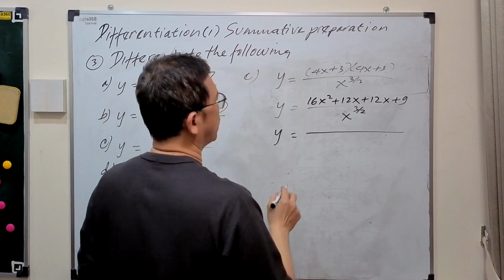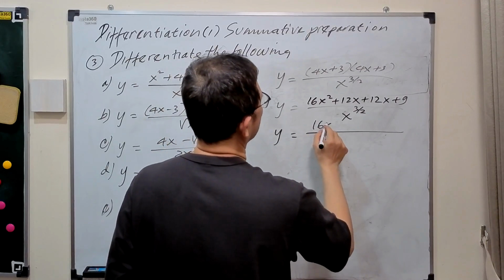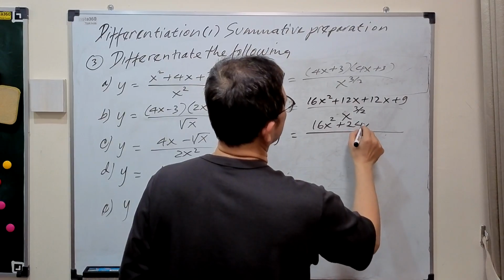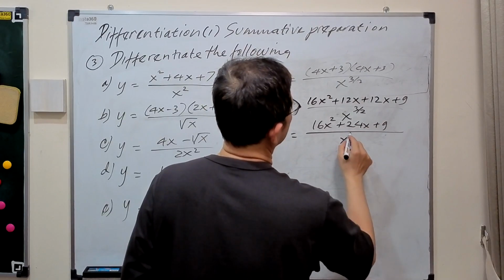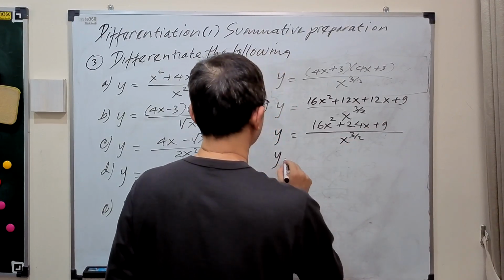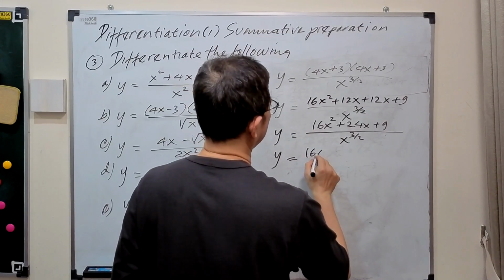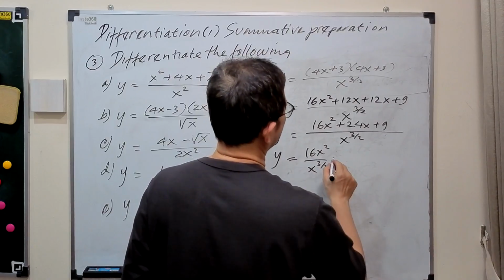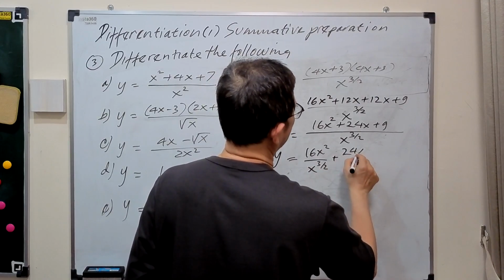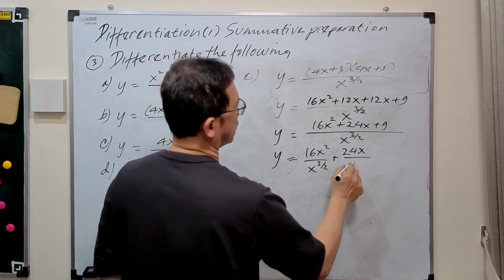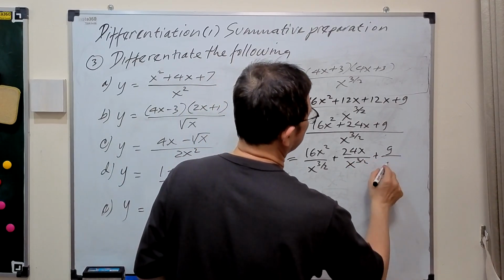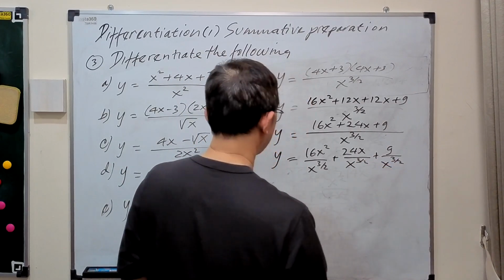Still simplifying: 16x squared plus 24x plus 9. Now we are dividing every term by x to the power of 3 over 2: 16x squared over x to the power of 3 over 2, plus 24x over x to the power of 3 over 2, plus 9 over x to the power of 3 over 2.